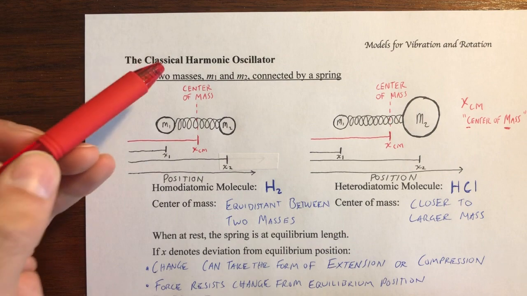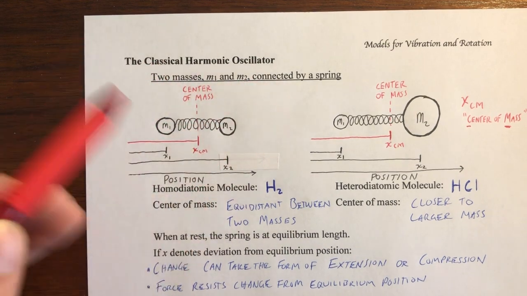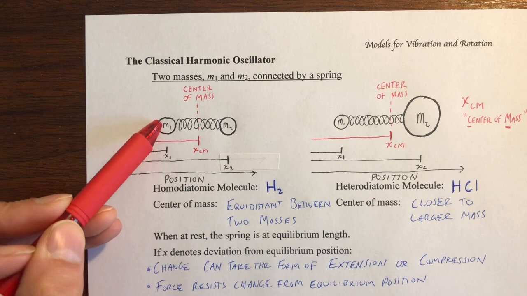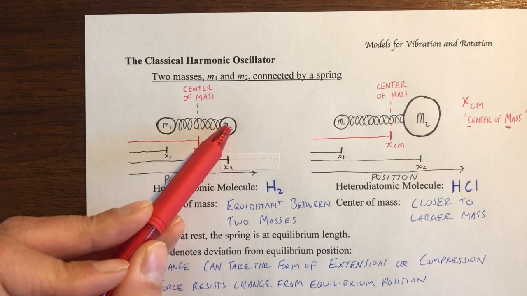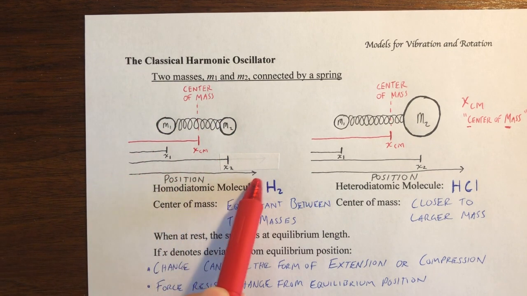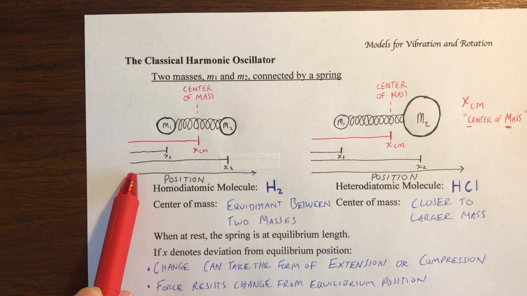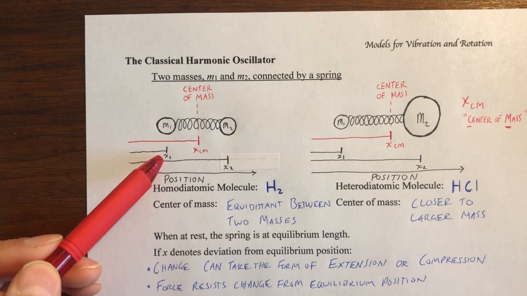So let's look at the classic harmonic oscillator. We have two masses, m1 and m2, connected by a spring. On the left here, we have mass 1, and it's connected by a spring to mass 2. From left to right on the x-axis, we have position. And we can define the position of these masses using their position x. So m1 shows up here at x1.